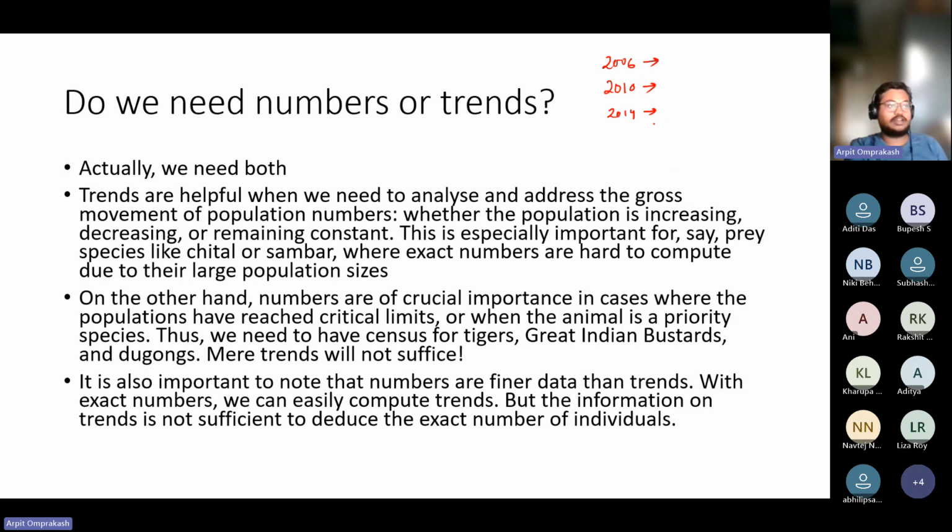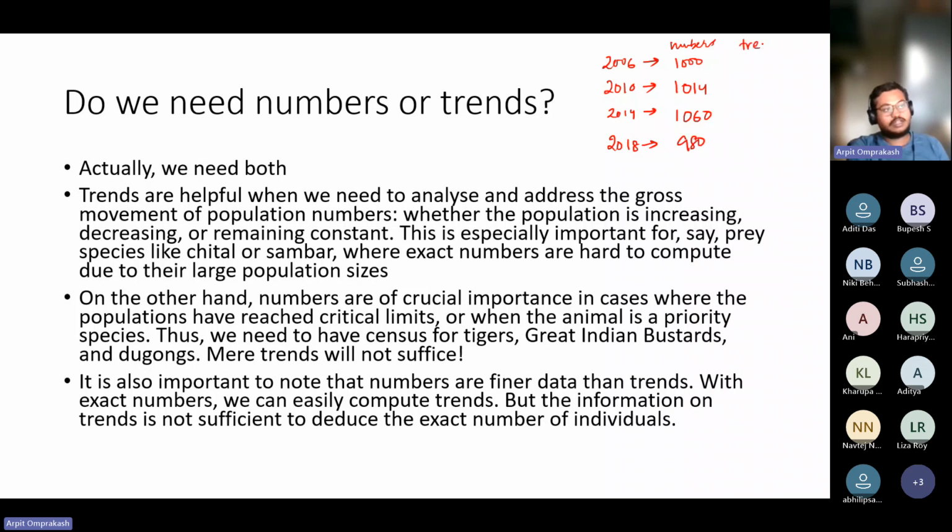The other thing we can look at is trends. In this case, numbers are, let's say, there are 1,000 tigers in 2006, there are 1,014 in 2010, there are 1,060 in 2014. In 2018, let's say there are 980.